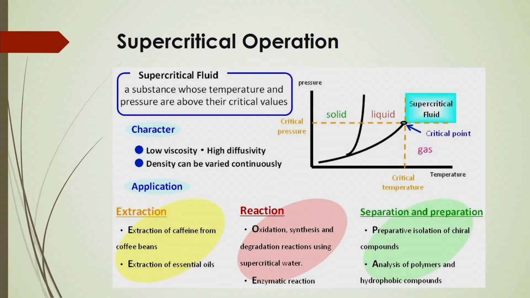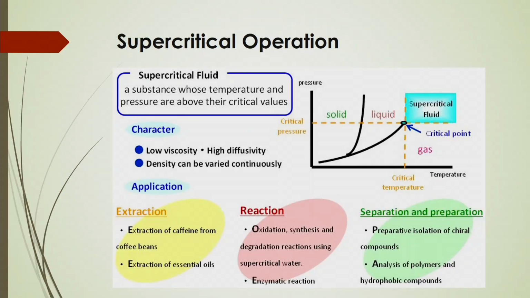Extraction of caffeine from coffee beans can be done by the supercritical extraction process. Extraction of essential oils is also being done nowadays by the supercritical method, and reactions like oxidation, synthesis and degradation reactions using supercritical water, and enzymatic reactions, are being carried out by this supercritical fluid system.